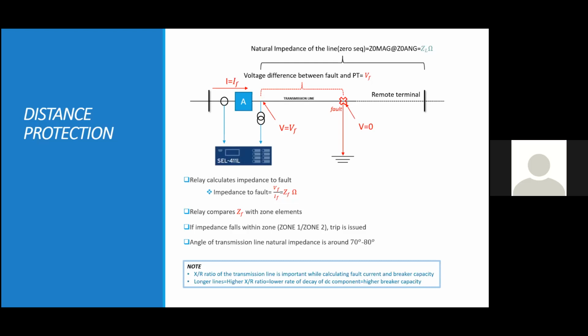Just a few things to note. Angle of transmission line is the natural impedance angle, which is about 70 to 80 degrees. And the X/R ratio of the transmission line is really important while doing fault studies and coming up with the breaker capacity.